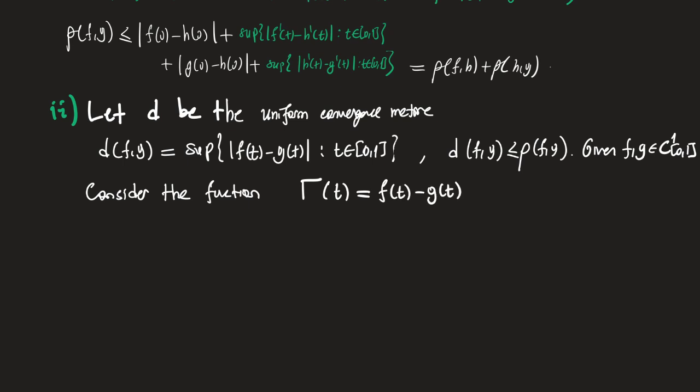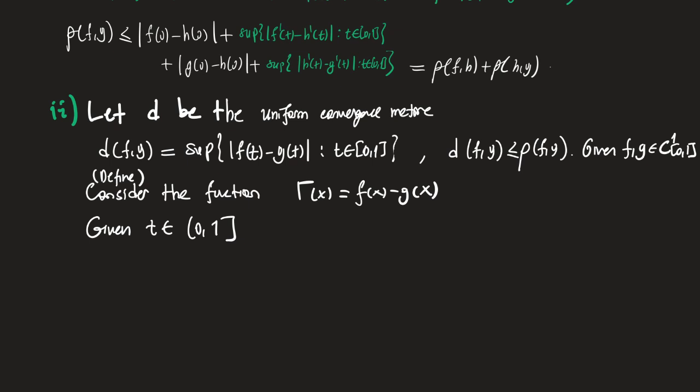Let us apply the mean value theorem to this gamma on the interval 0 to t. Let me just rewrite it in terms of the variable x. Define gamma(x) = f(x) minus g(x), given t in the closed interval 0, 1.